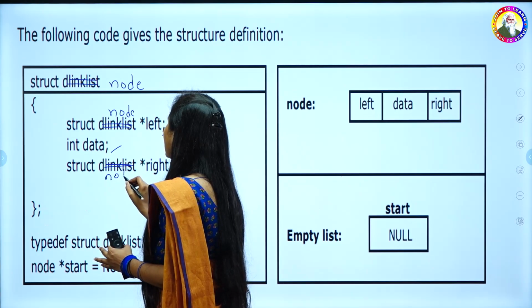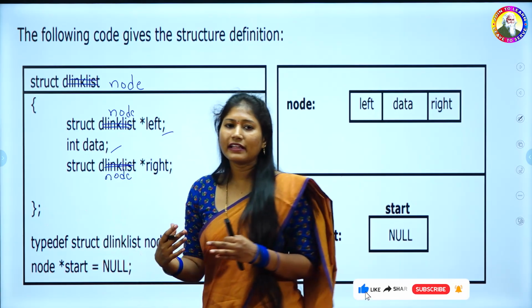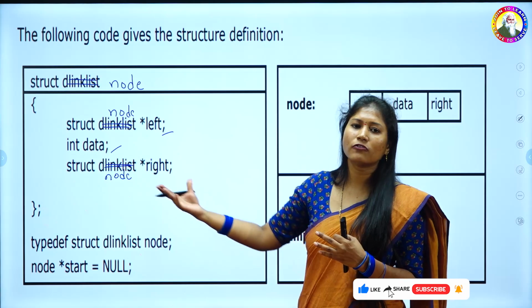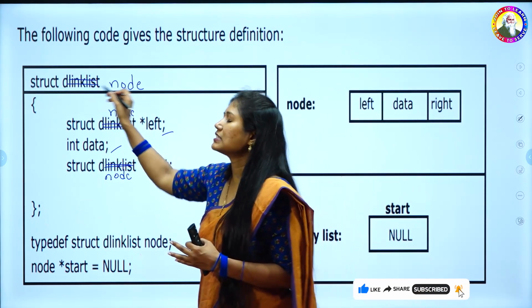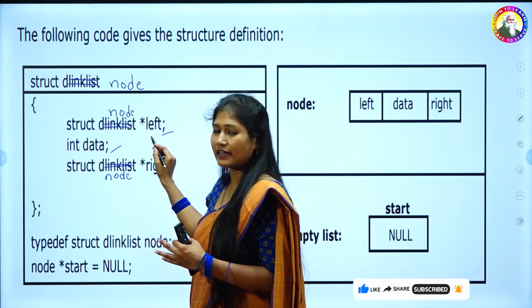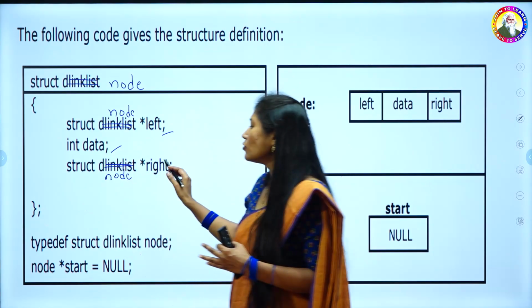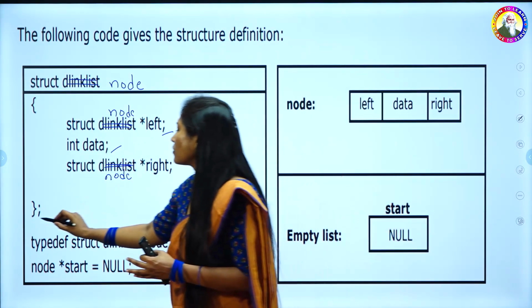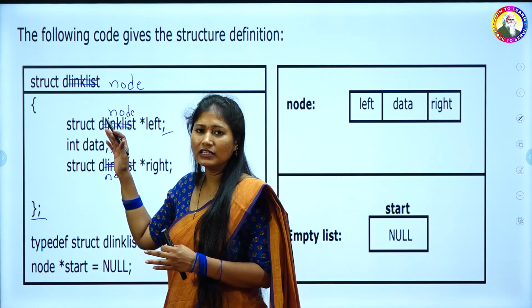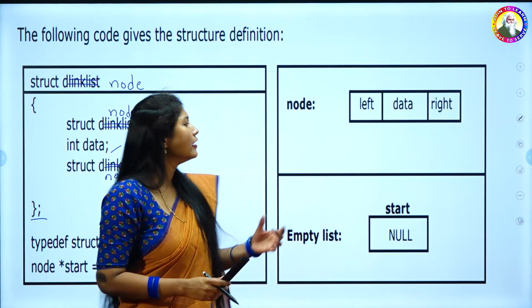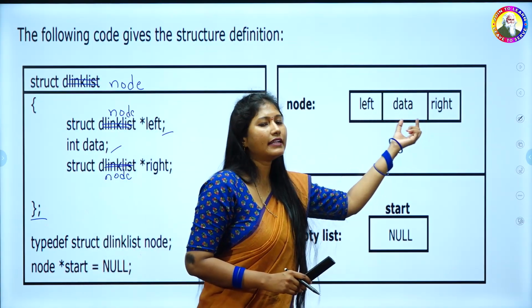Like this you can directly define. If you are getting confused with the many formats, you can follow the previous one itself: struct node pointer left, int data, struct node pointer right. After this you can close it. This is the general structure of a node: left, data and right.